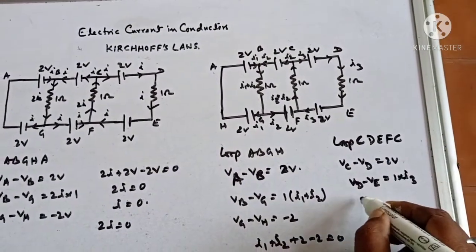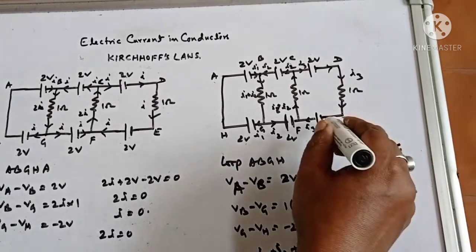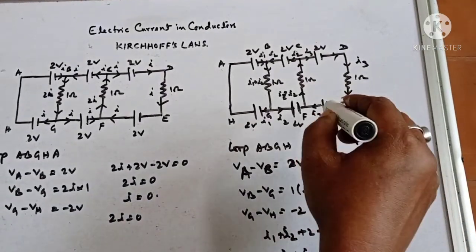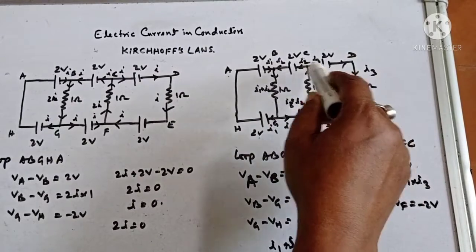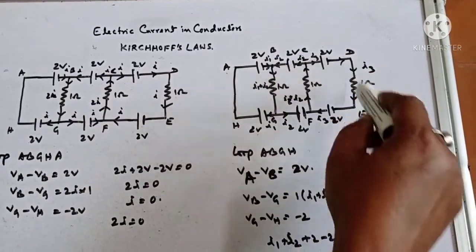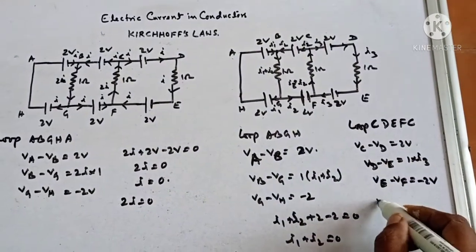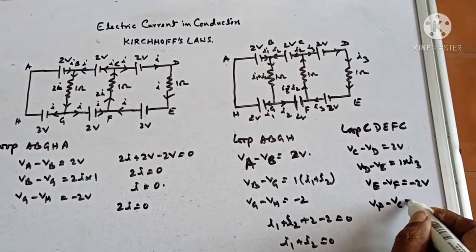And again VE minus VF, you see lower to higher, so minus 2 volt. So again here I have come from VC to VD, then VD to VE, VE to VF, VF minus VC. This will be how much?